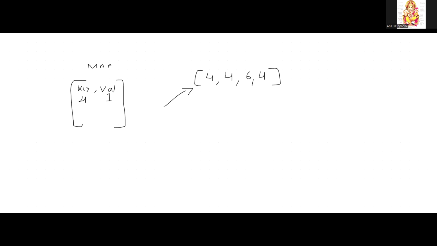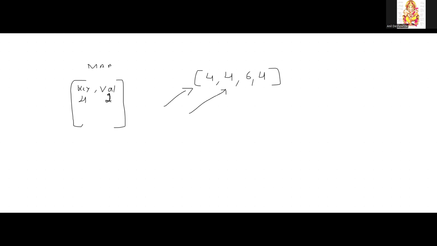Now I'm going to pick up the next element again, and then I'm going to compare with the keys. It is already there. That means I'll just add 1 to that. So this will become 2. Then I'm going to pick the next element, 6. It is going to compare with the key, and it's having 4. So 6 is not equal to 4.